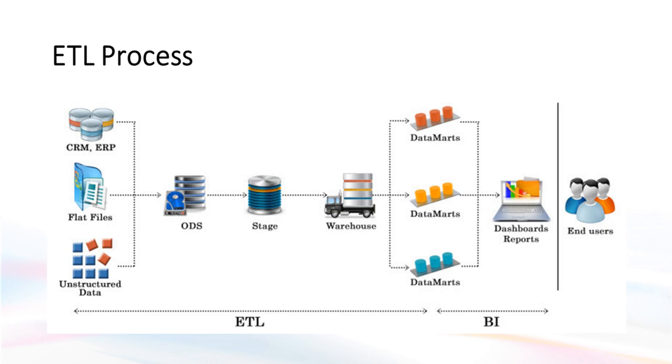Now here the source data can be CRM or enterprise applications. Sometimes it can be CSV files or flat files, and sometimes it is unstructured data. What is structured data or unstructured data? Any idea? This is very important to know.